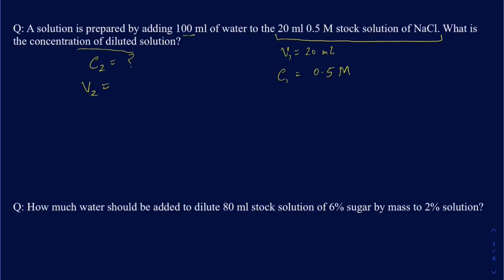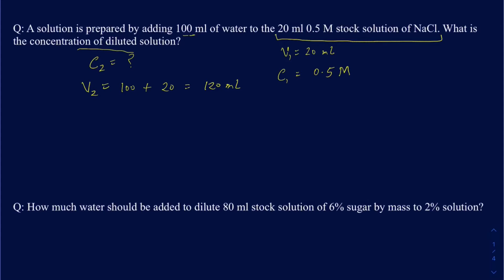So this 100 milliliters of water plus the 20 milliliters of stock solution is going to make a total of 120 milliliters of total volume. That's one thing you have to really make sure of. A lot of times students make mistakes and use 100 milliliters here instead of 120 milliliters.